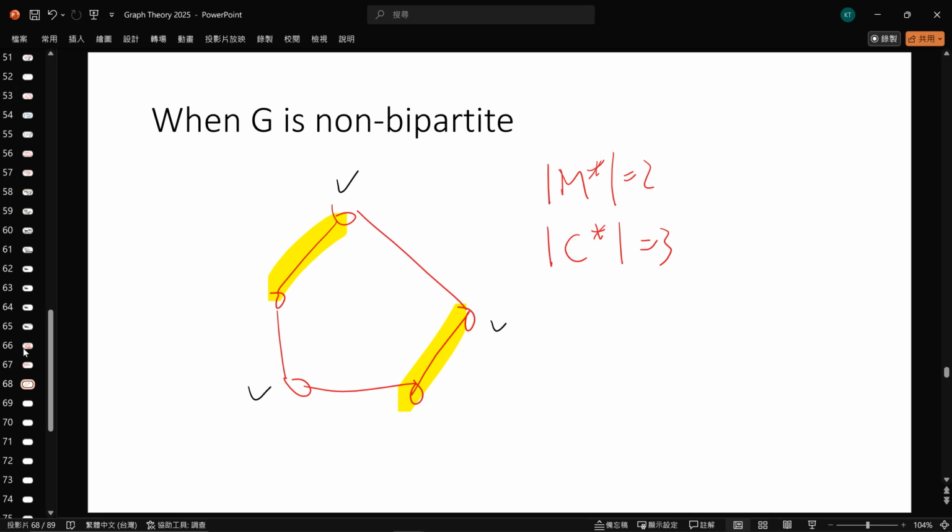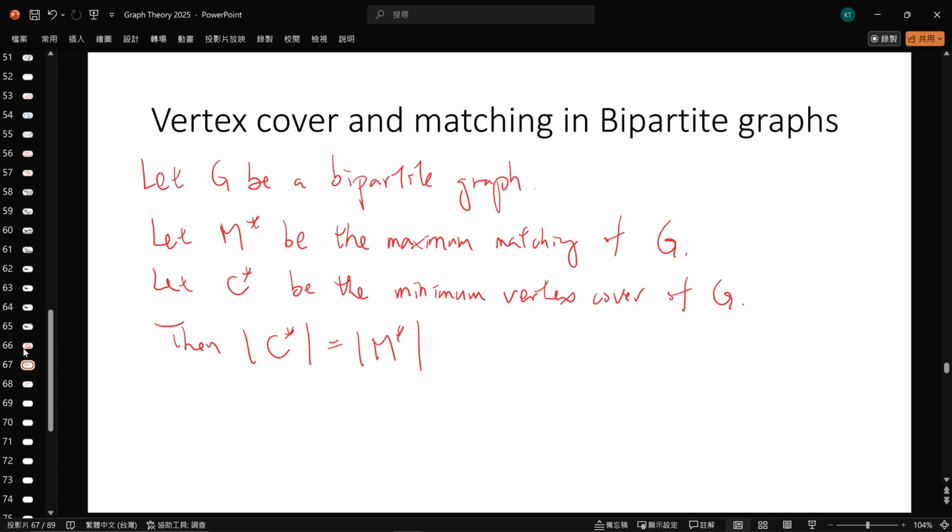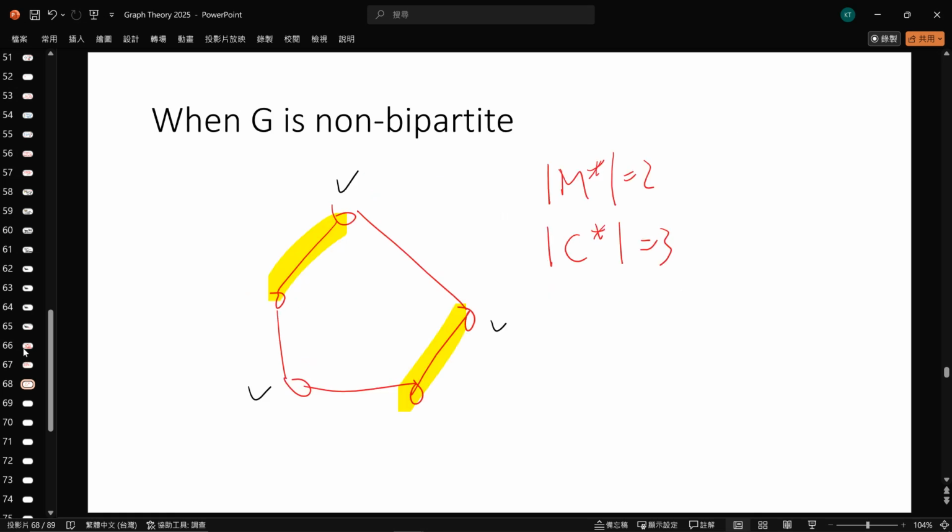And I also had a remark last week that if the graph is not a bipartite graph, then this equality no longer holds. Because if the graph is not bipartite, we discussed last week that it must have some odd cycle.